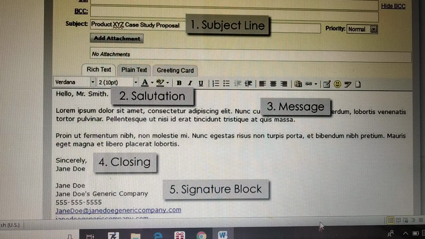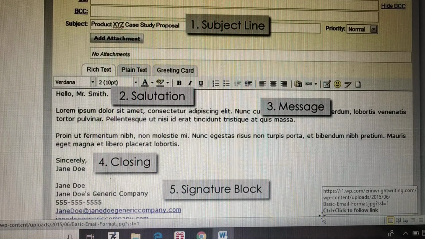Message is the main part of email writing. Here we have to focus on how to write the message. It deals with 3 important points that we are going to study further. Closing means complimentary closing. Here you can say yours sincerely, yours faithfully, like that.